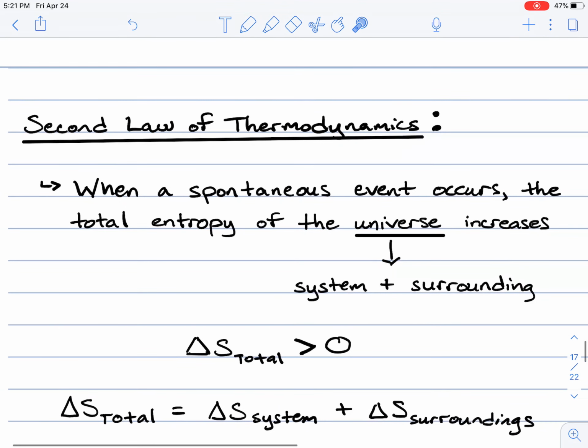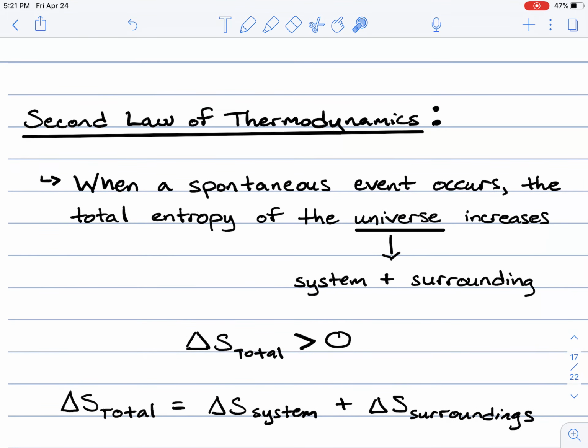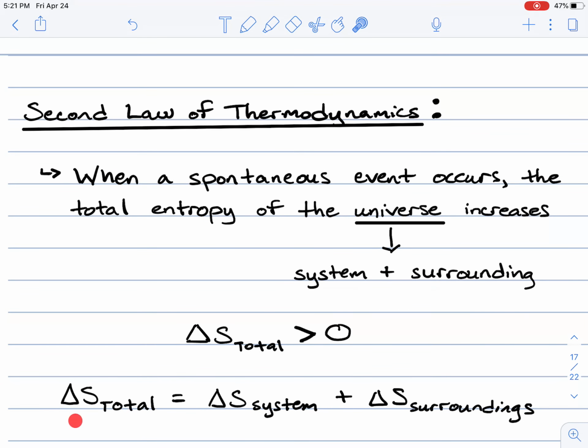We can decompose this change in total entropy into its parts. The total entropy consists of the sum of the system and its surroundings. So here we can expand this definition of the change in total entropy to the change in entropy of the system plus the change in entropy of the surroundings.